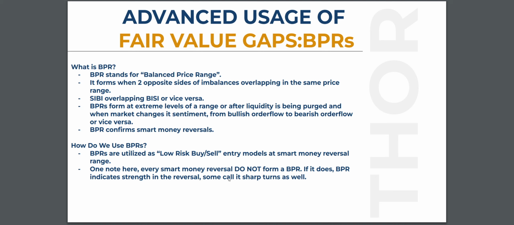So BPRs form at extreme levels of a range, or after liquidity is being purged, and when the market changes its sentiment, meaning going from bullish order flow to bearish order flow, or bearish order flow to bullish order flow, and it confirms the smart money reversal.